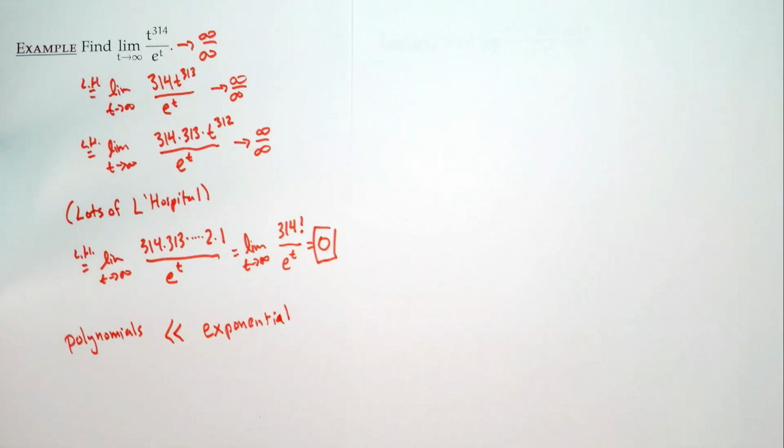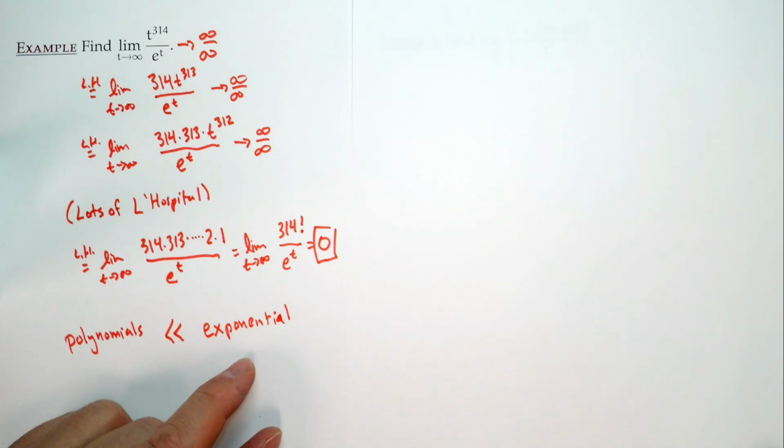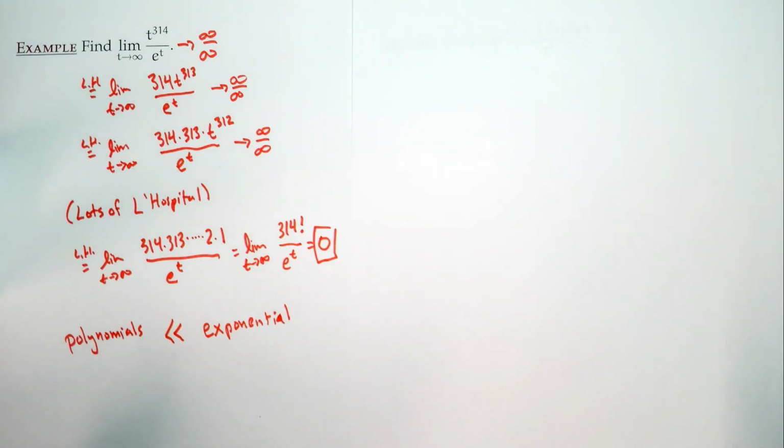So between a polynomial and an exponential, you always will bet on the exponential. And the good news is if you're investing, bank interest is exponential growth. So in the long run, it's a lot of money. Of course, you've got to wait a long time. All right.